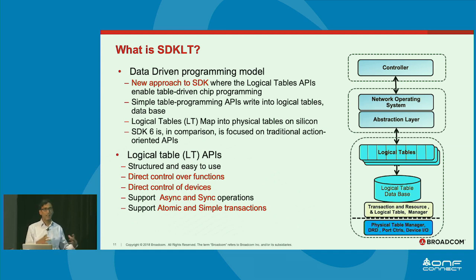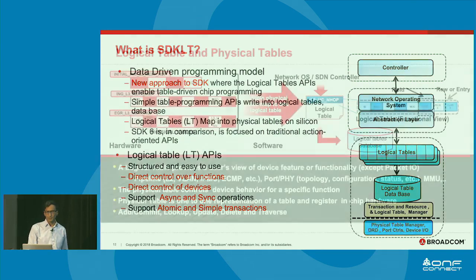You will have tables that may abstract multiple tables into one logical table, and other tables that give a mapping of a physical table. So you can operate at a logical level as well as have physical access to it. And then the SDK itself has characteristics like why asynchronous and synchronous, and atomic transactions, which I'll get into as we go through.